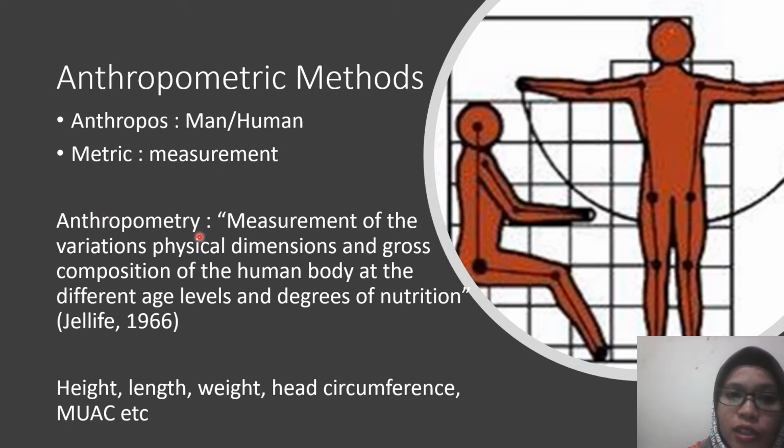So according to Jelliffe 1966, anthropometry is a measurement of the variation of physical dimension and gross composition of the human body at the different age level and degree of nutrition.